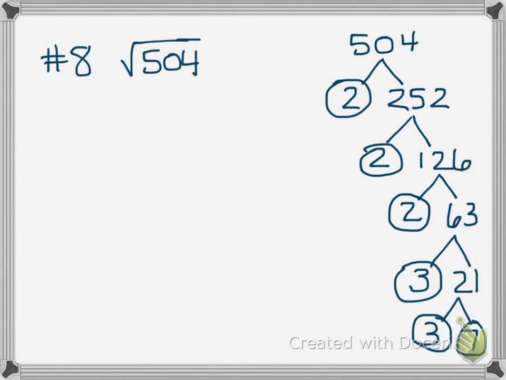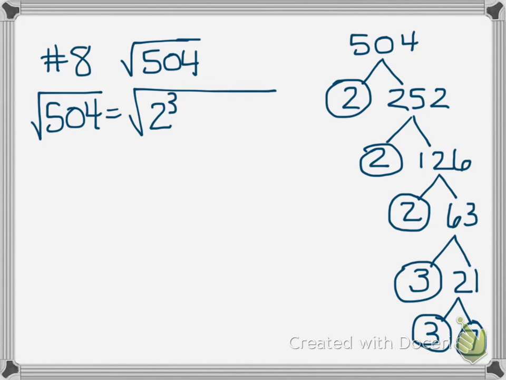So the square root of 504, I'm going to write as the square root of its prime factorization. So I have 2 to the 3rd power times 3 squared times 7.